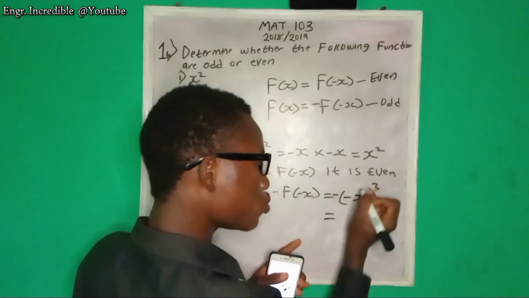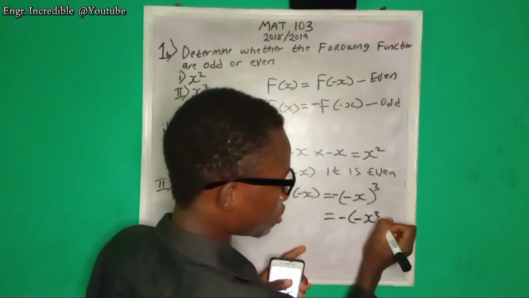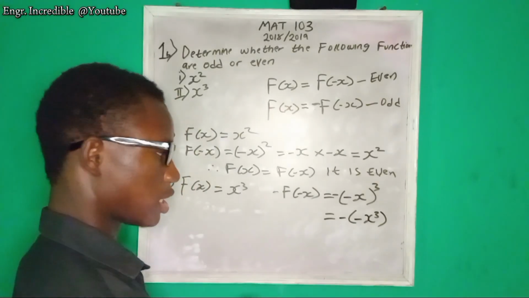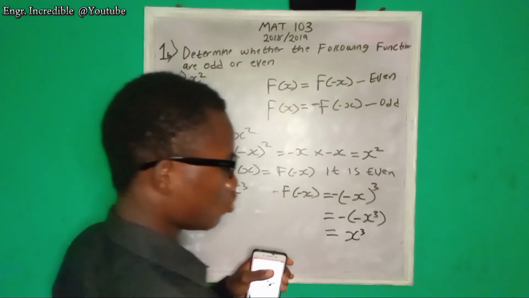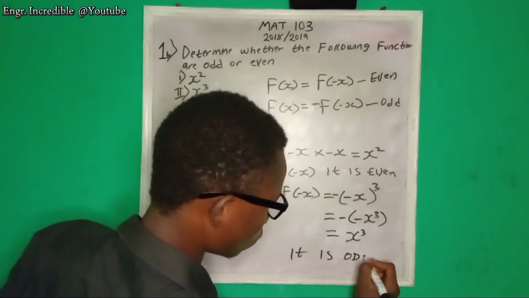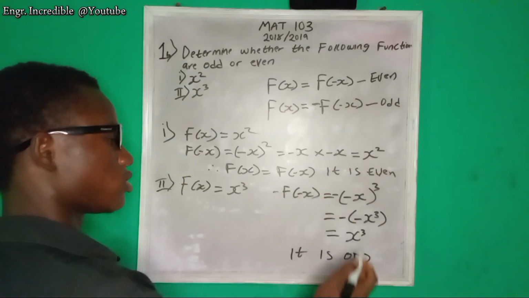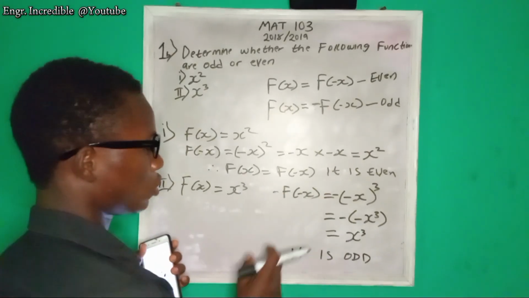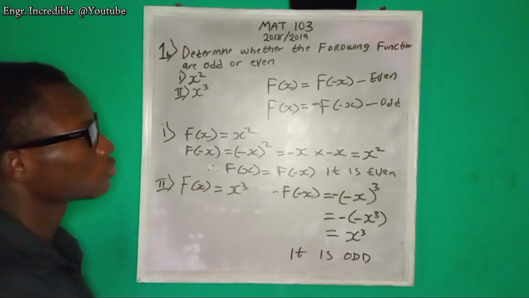So minus of minus x cubed, according to how I did it earlier, minus times minus equals plus. We have x cubed. Therefore, it is odd because minus f of minus x is equal to f of x. So this is an odd function.